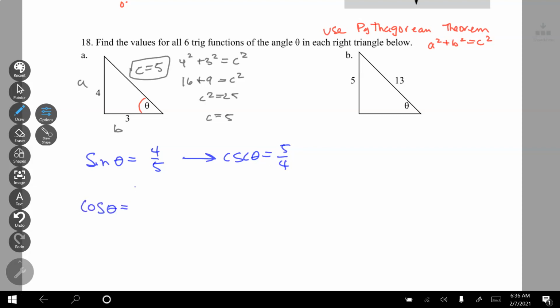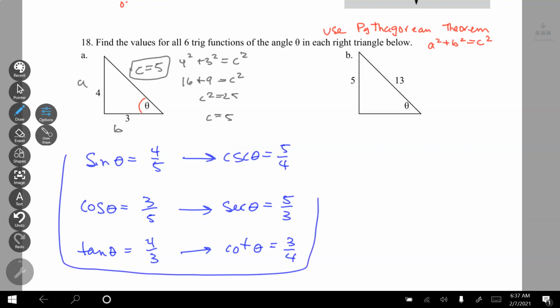Cosine of theta is adjacent over hypotenuse, 3 over 5. That means secant is its reciprocal, 5 over 3. And tangent of theta is opposite over adjacent, and cotangent is its reciprocal. And I get these results.